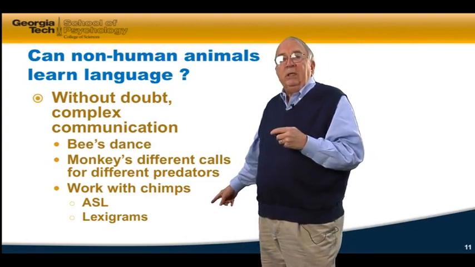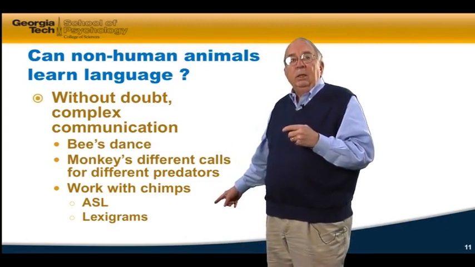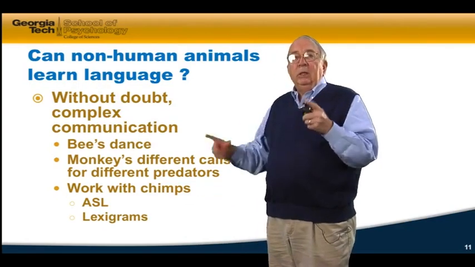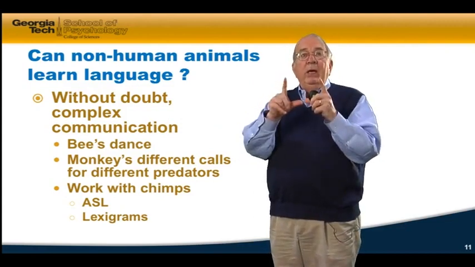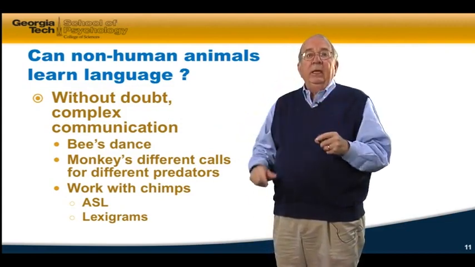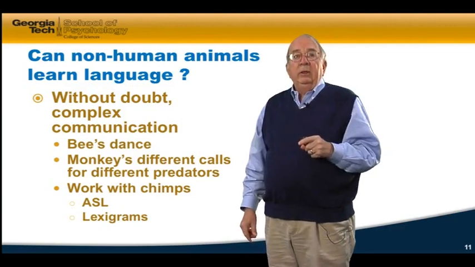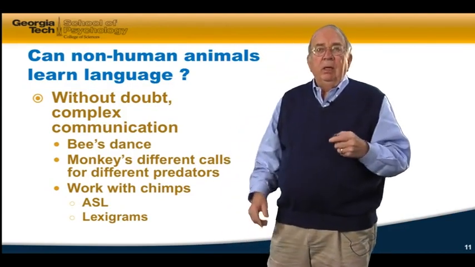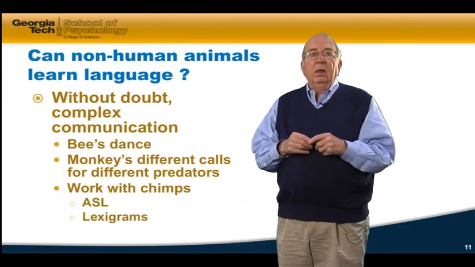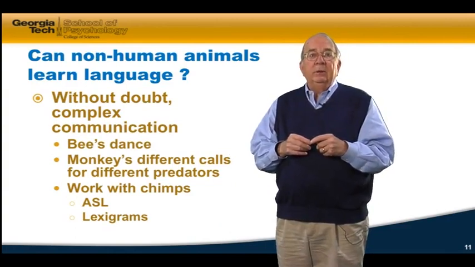And then there was the very sophisticated work with Sue Savage-Rumbaugh, who used lexigrams, that is, a symbol in an array of keys, and the animal could press a key to represent those symbols. Hundreds and hundreds of different symbols represent lexigrams.